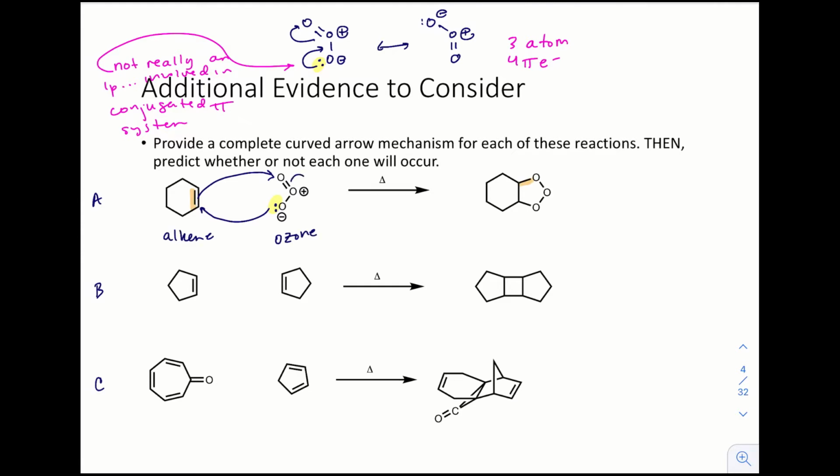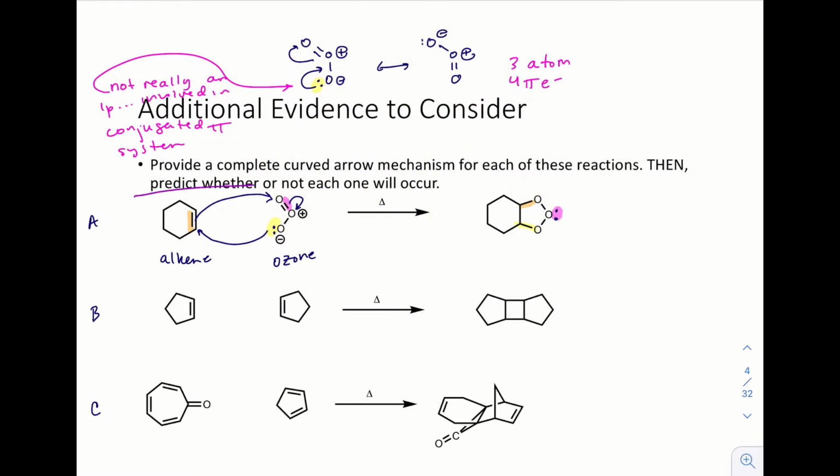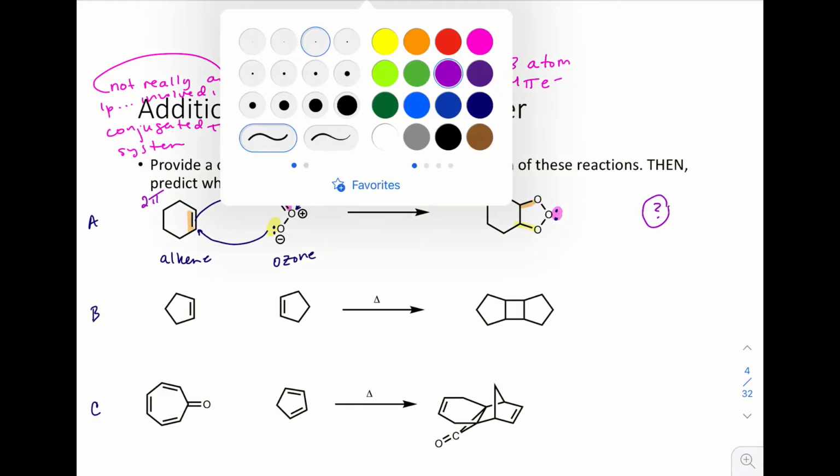And the electrons represented by this pi bond move to oxygen. This transformation would represent a cycloaddition. 2 pi electrons from the alkene react with 4 pi electrons from ozone. We don't know whether or not it occurs. You can certainly make a prediction, but we've drawn the curved arrows for the proposed transformation.